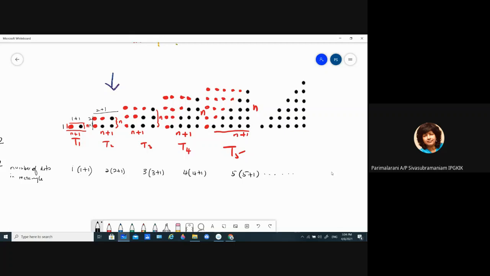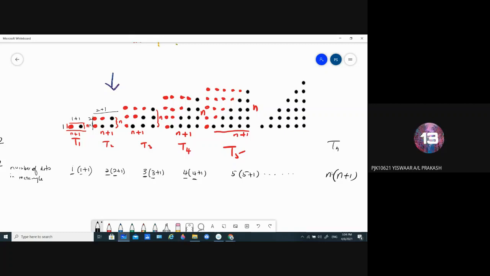So term 1 is 1 into (1 plus 1), term 2 is 2 into (2 plus 1), term 3 is 3 into (3 plus 1), term 4 is 4 into (4 plus 1). Term n is n into (n plus 1). Yes, good.